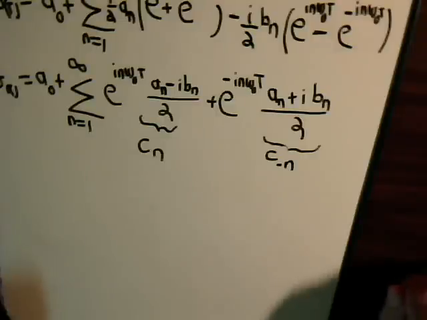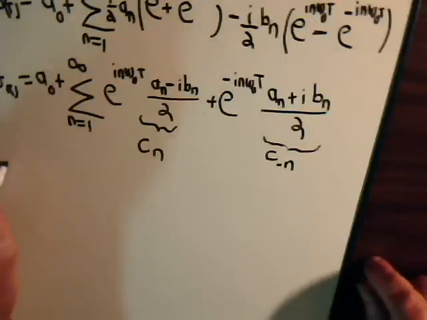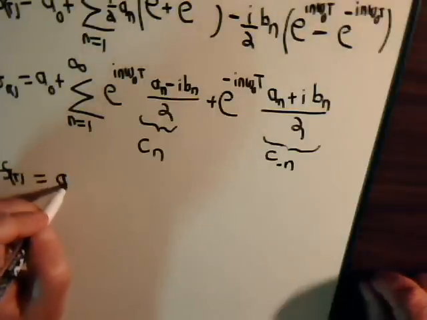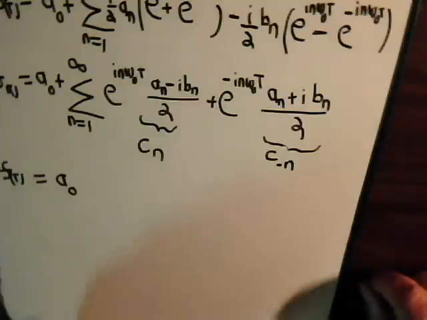Now, what do we have? We have f of t equals a0.